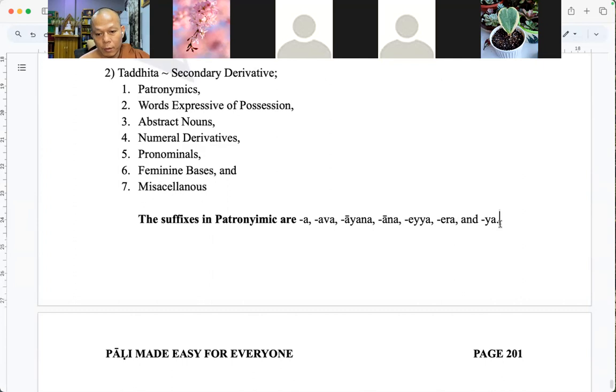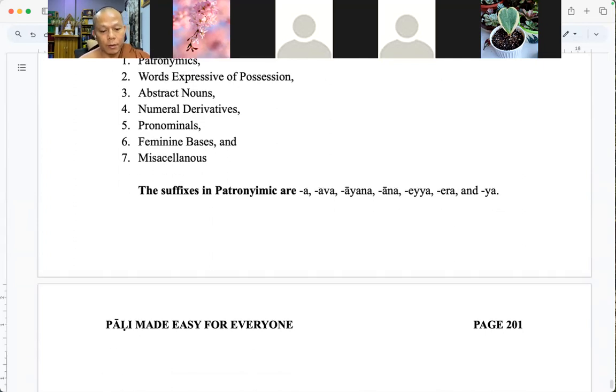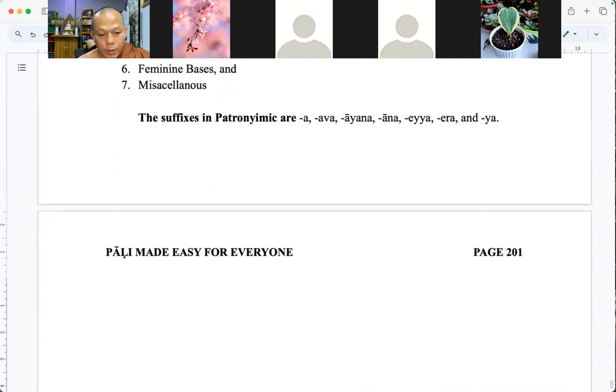Okay, now the first one is Vasudeva. In this kind of patronymic or metronymic, a name of a father, Vasudeva is a name of a person who is a father in that family.